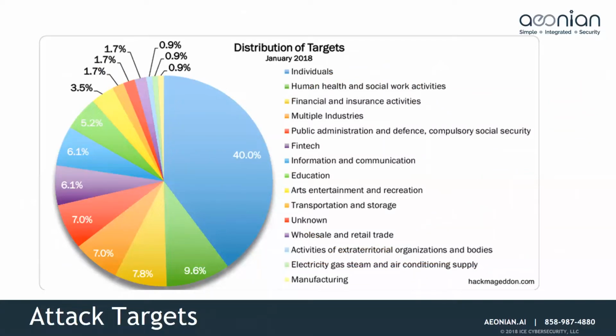So this slide talks about what is being breached and what they're after, the goal of the attackers. And again, about 50% of the target goals are data related to people or health records and social services activities, things that can be used to gain access to services. Your medical records can be used to obtain healthcare services for those who don't have insurance.